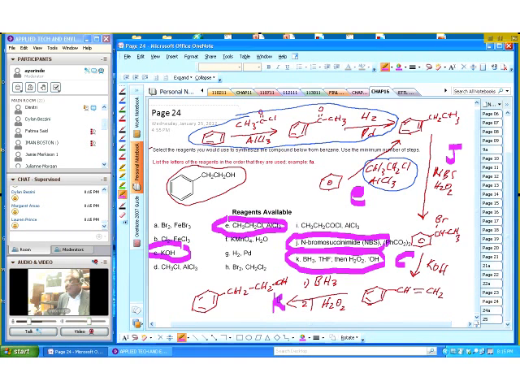So, in other words, the first two problems we've done here are simply to give us a review of some of the reagents that you need to perform reactions dealing with aromatic molecules.